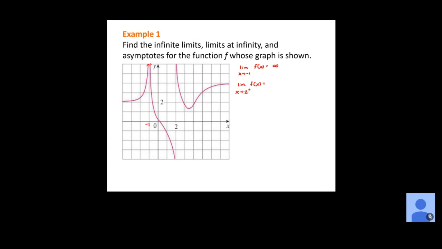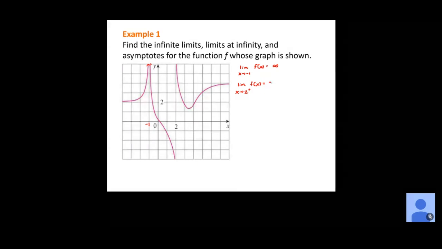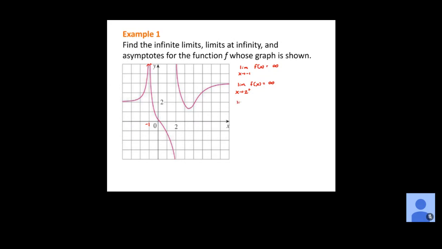What's it going to be from the right-hand side, positive or negative infinity? That one's going to be positive, right? So this is approaching positive infinity, and that means our limit as x approaches 2 from the left, that side is going towards negative infinity instead. Any questions about those limits?